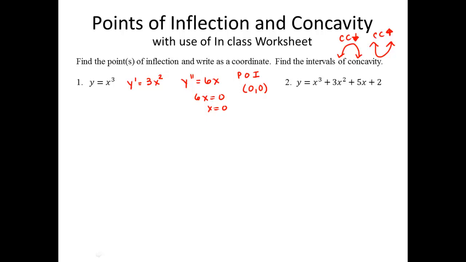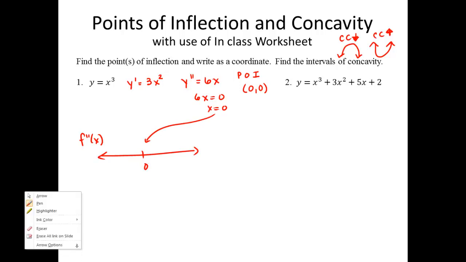Next, I'm going to find out where my intervals of concavity are. So exactly what we did with the first derivative, we're going to use a second derivative test. I'm going to put that x value that I've got on my number line, which happens to be 0, and then I'm going to test on either side. So I'm going to choose some testing points, a -1 and a +1.